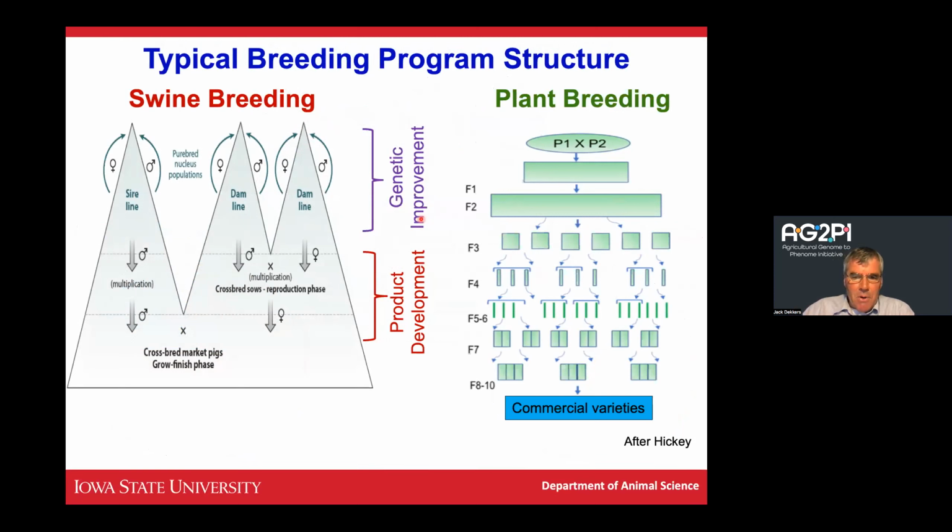So here, in animal breeding, genetic improvement really takes place at the top of the pyramid, and then we have the product development phase in terms of the crossing. In plant breeding, the genetic improvement phase and the product development phase are sort of intertwined. At least that's the way I would look at it.